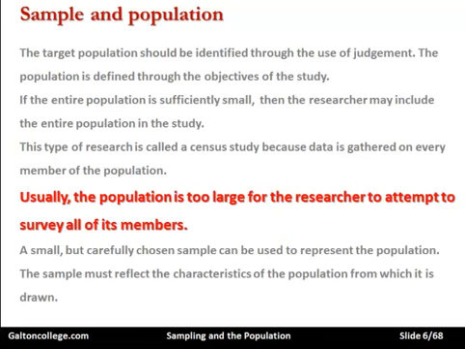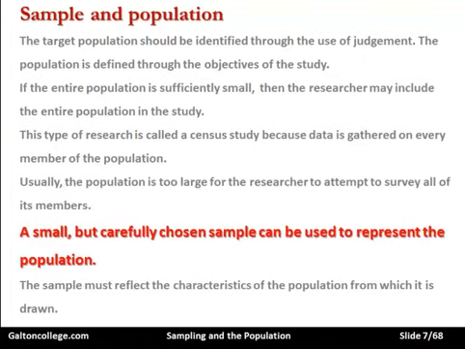So populations tend to be very large, and for that reason sampling is used. A small but carefully chosen sample can be used to represent the population. So a small sample, let's say 30, perhaps the population is 100,000, 30 people could give an insight into the population of 100,000. A small sample of that size can be useful.